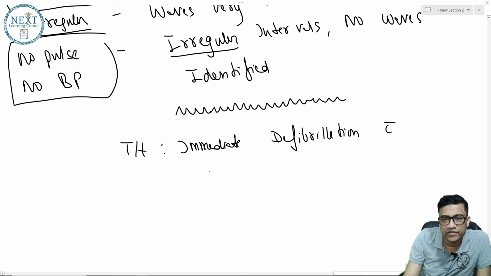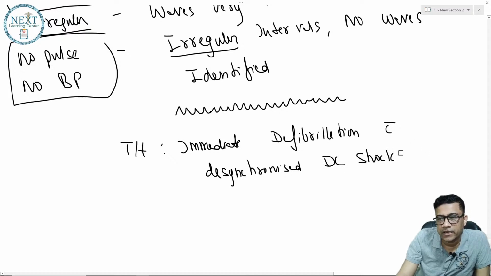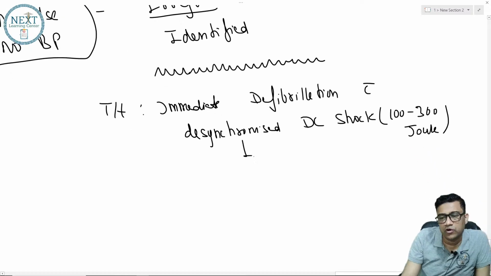Immediate defib with desynchronized shock. See, cardioversion uses synchronized. Here we use desynchronized, high voltage DC shock. Energy could be 100 to 360 joules, followed by CPR and repeat.